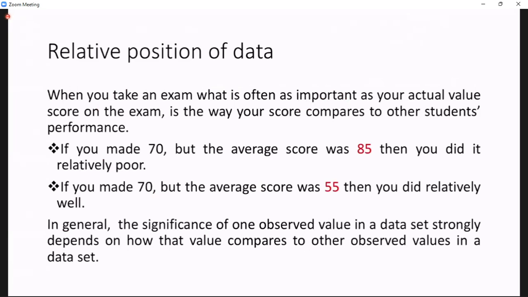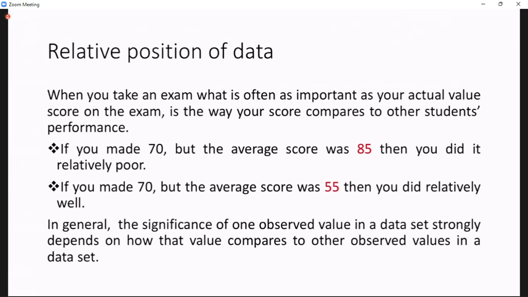We will discuss those methods at the end of this course. Finally, we will summarize all the methods. For now, remember how to compare two or three data sets. Okay, now there's another important measure, that is relative position of data.